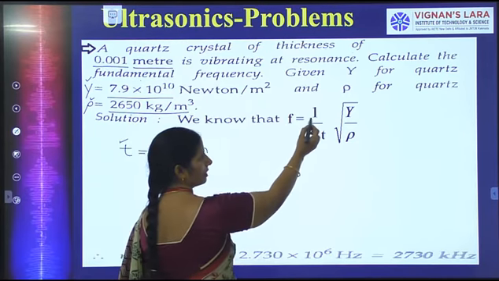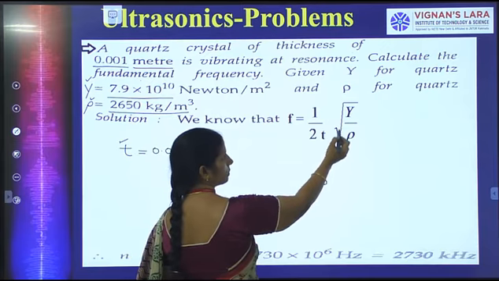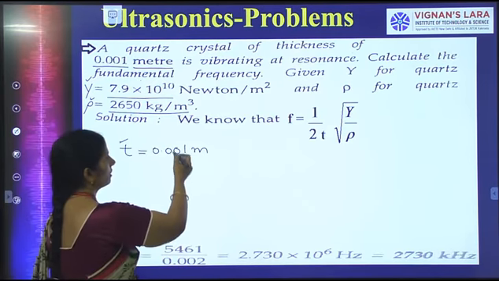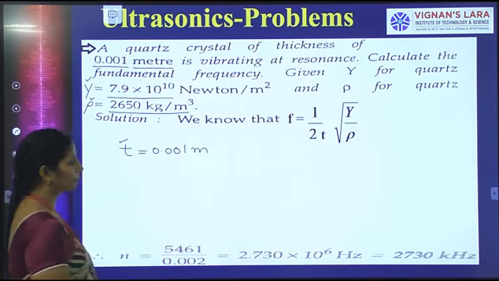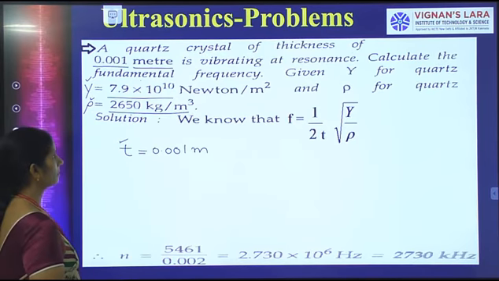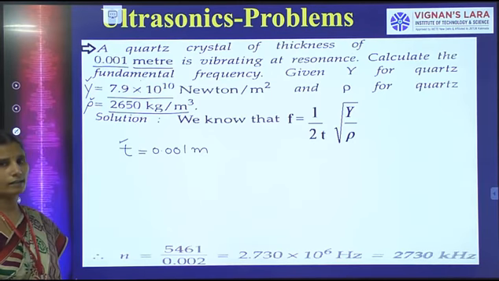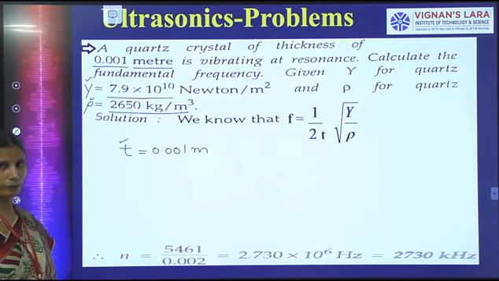So frequency is equal to 1 by 2T into square root of Y by rho is the formula. Substituting all these values in this formula, we can calculate the frequency. All these parameters are in SI units only, so no need to convert.